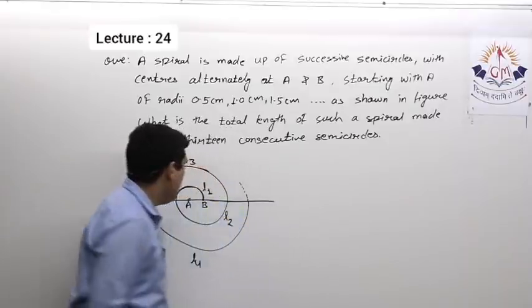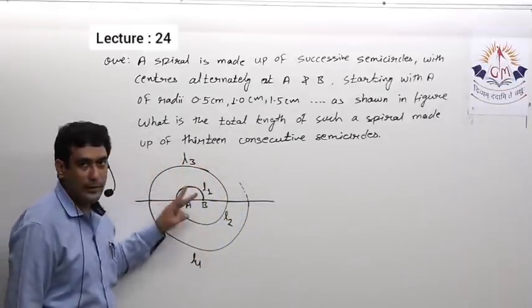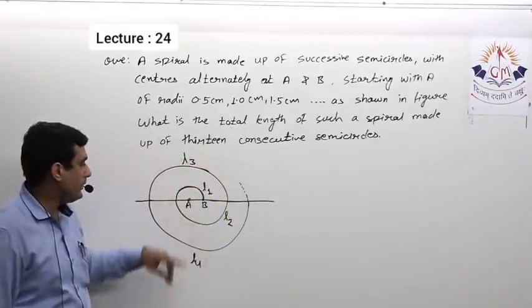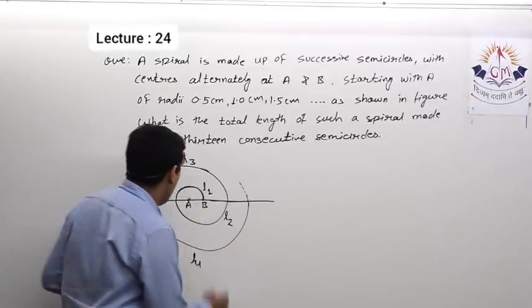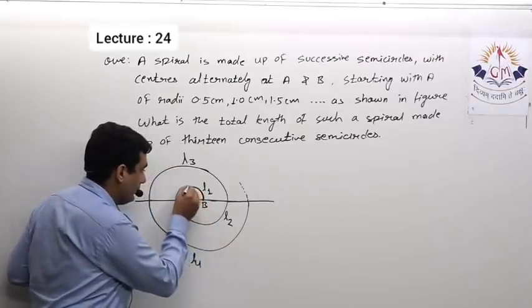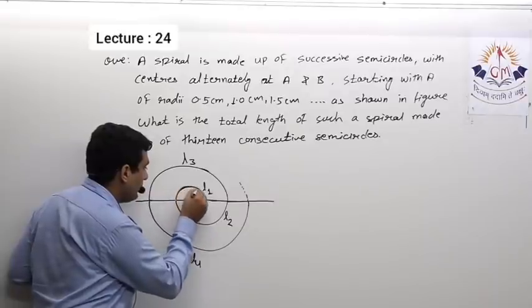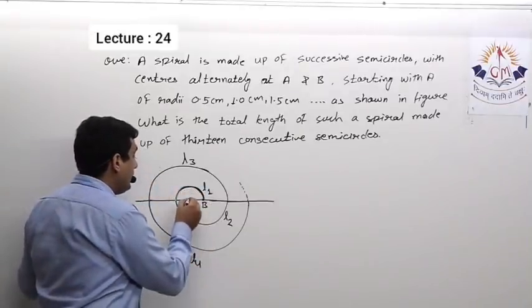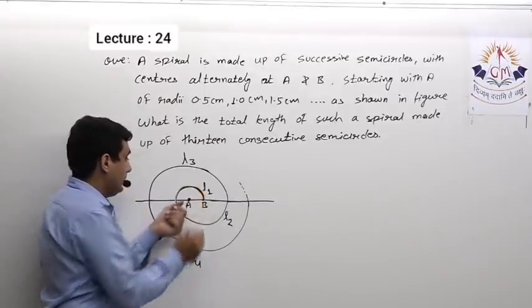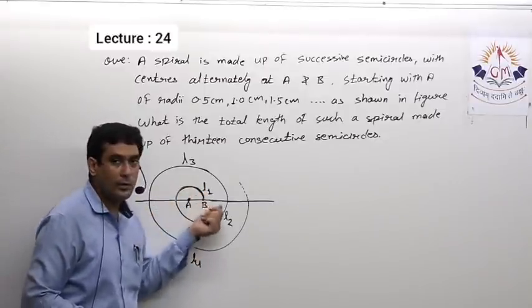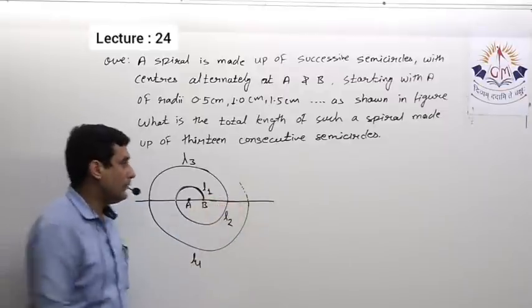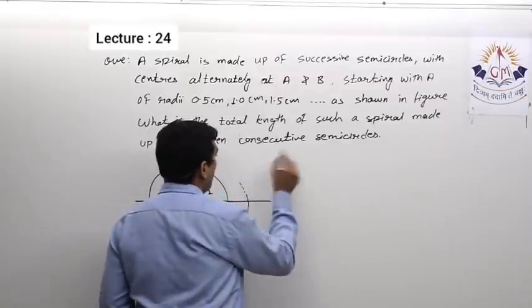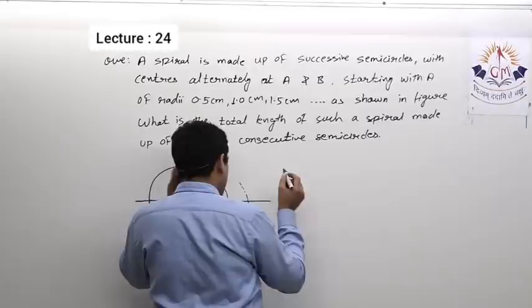So what is the length of a semicircle? Pi into r. Now let the radii of these semicircles be r1, r2, r3, r4 up to r13. So we can start with that.